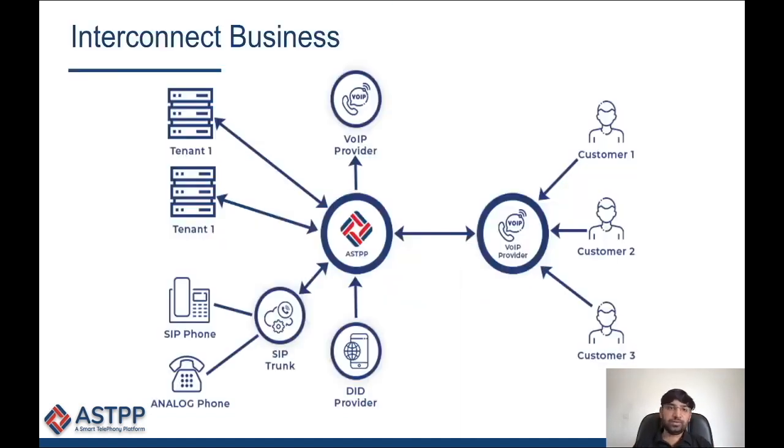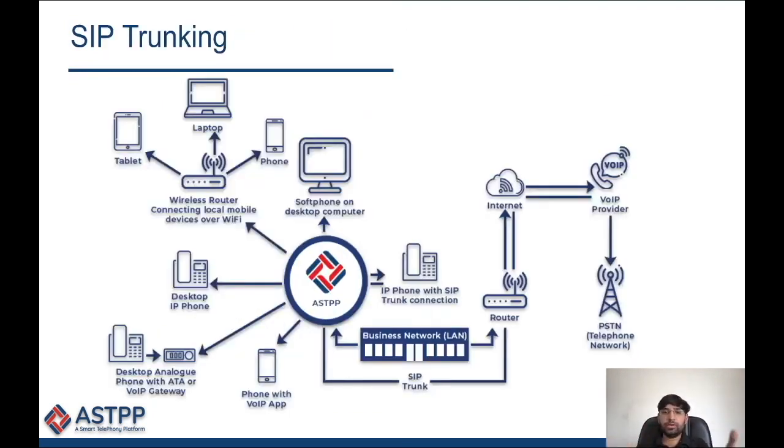Okay, before we go ahead, for example, in your initial phase you have 10 or 20 customers and limited concurrent calls. But when your business is growing, of course you need more scalable services, more scalable components in which you can handle more customers and more concurrent calls. For that, the ASTPP system is very flexible.